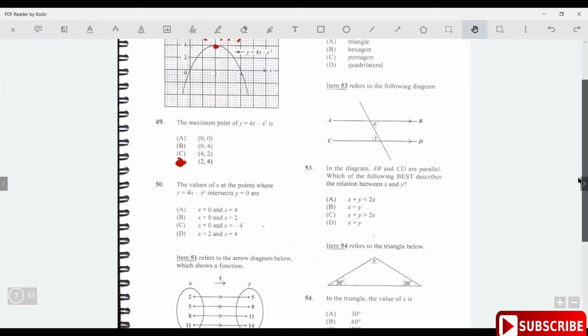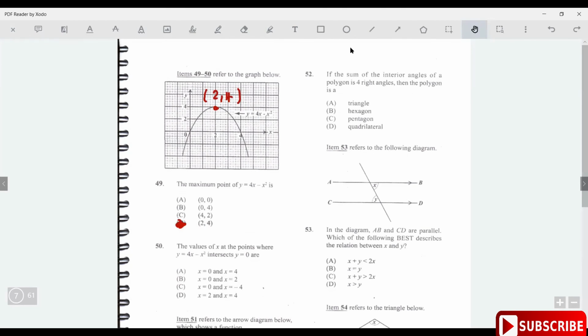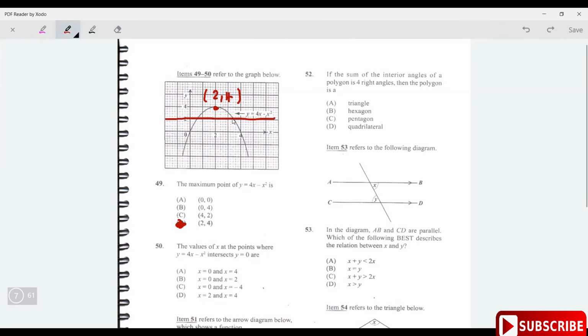Question 50. It says the values of x where 4x minus x squared intersects the line y equals 0. The line y equals 0 is this line. Let me draw the line y equals 0, and they're asking, where does that curve intersect the line? The curve intersects the line at this point and this point.